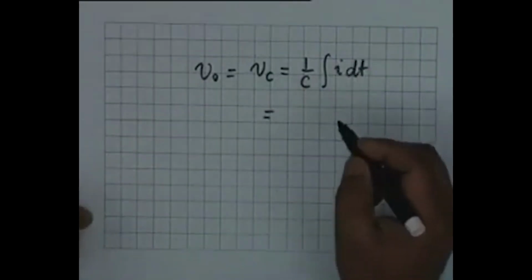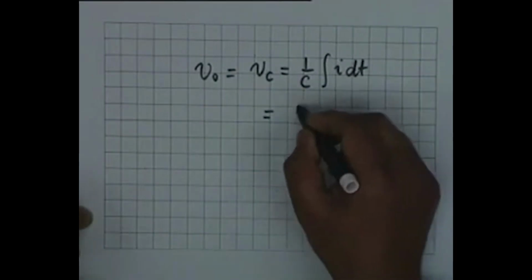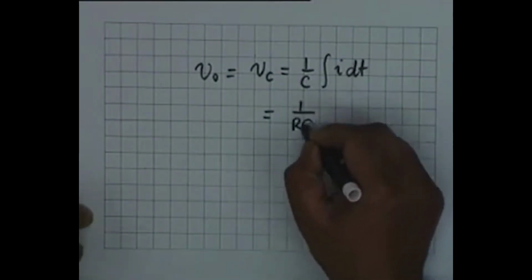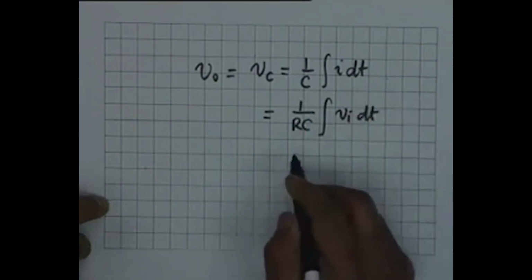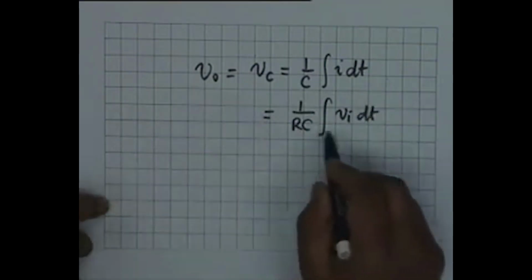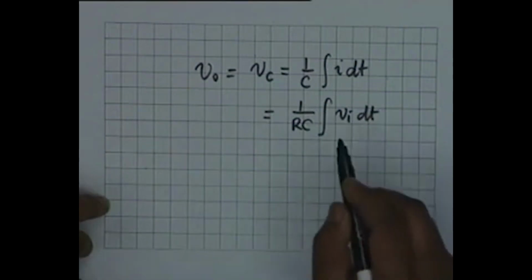But I is Vi by R, and therefore this is 1 by RC integral Vi dt, which means that the output voltage is proportional to the integral of the input voltage.